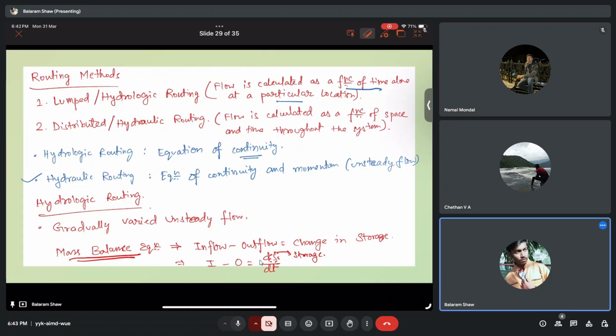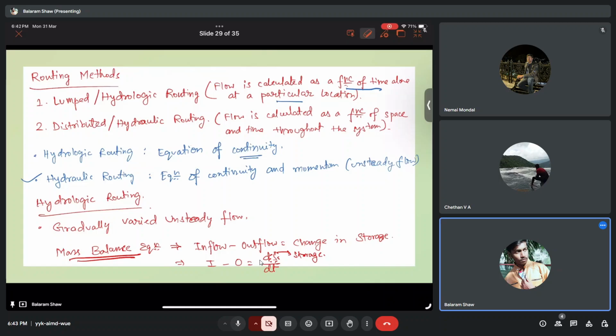And other than that, we need the inflow hydrograph as well as the initial elevation. Because the initial elevation before a flood we will know, since we are continuously monitoring the elevation and discharge value. So inflow hydrograph and initial elevation we will know.